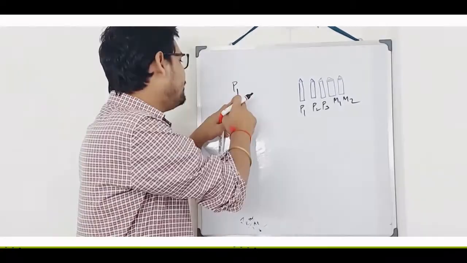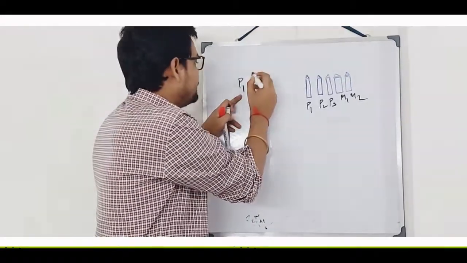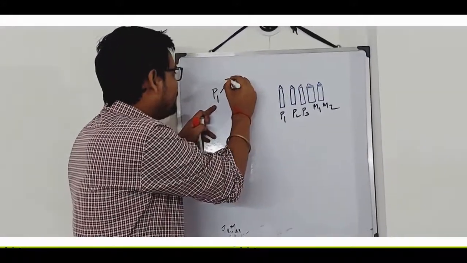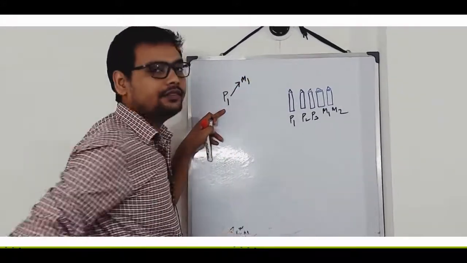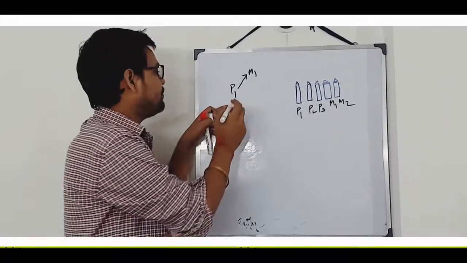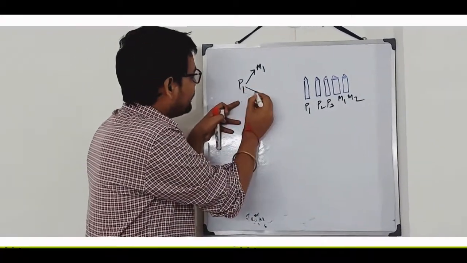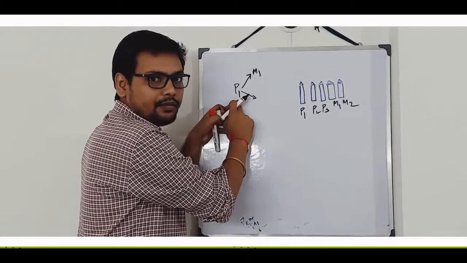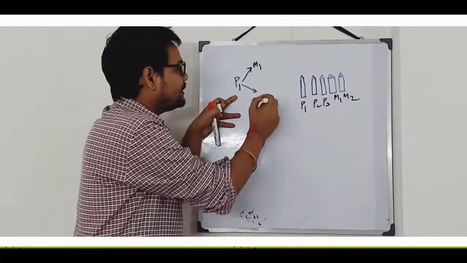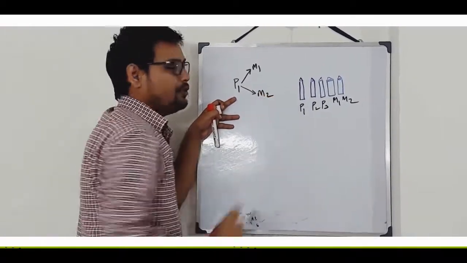So after picking the first pen, one may pick the marker M1, or after picking the pen P1, maybe one can pick the marker M2.